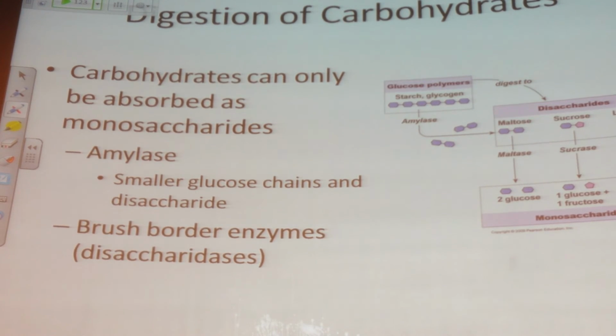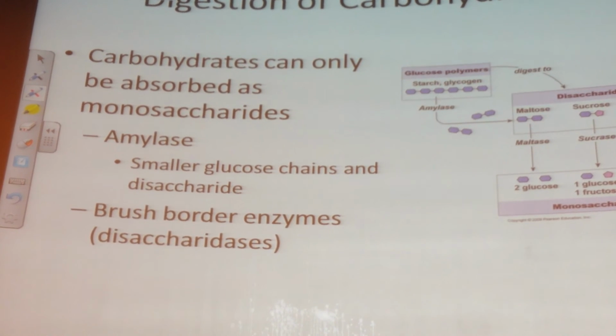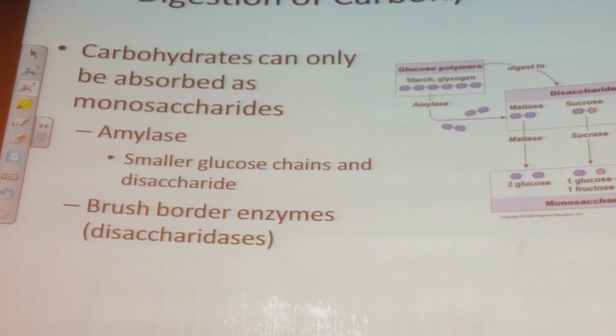If you think about the different types of food we've ingested, they all have different fates in terms of how they get digested and absorbed. Let's take a look at the carbohydrates. The very, very important thing you need to remember is they cannot be absorbed in any of the larger forms.